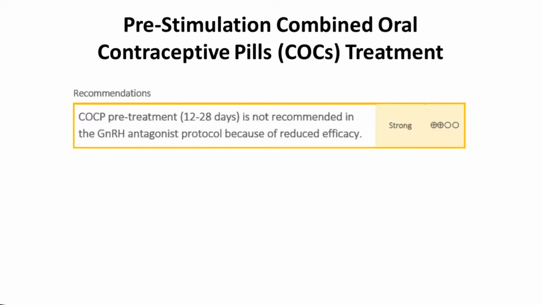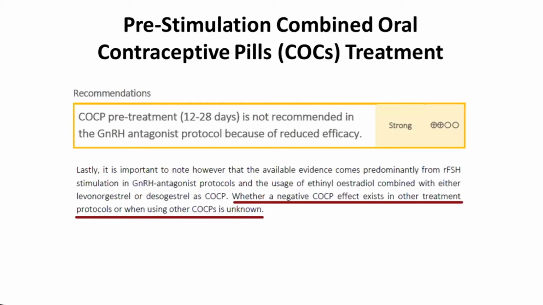However, the combined oral contraceptive pills can be used in long agonist protocol, but cannot be used in antagonist protocols. We usually use the combined oral contraceptive pills to schedule the cycle, to have exact dates to give to the patient to come at exact dates, not to wait for her menses, which can start on the weekends.